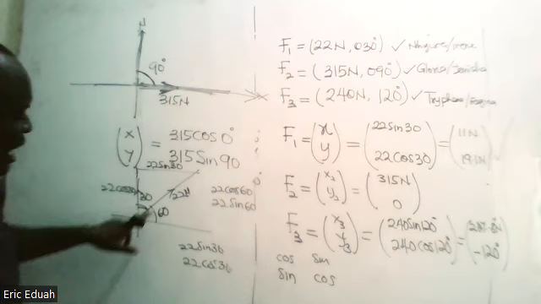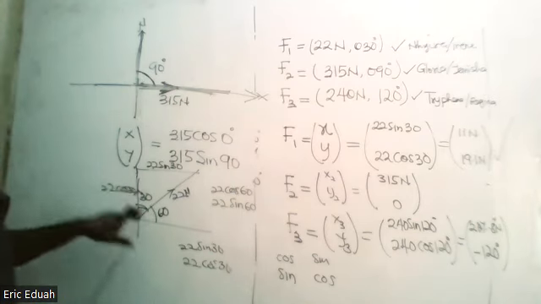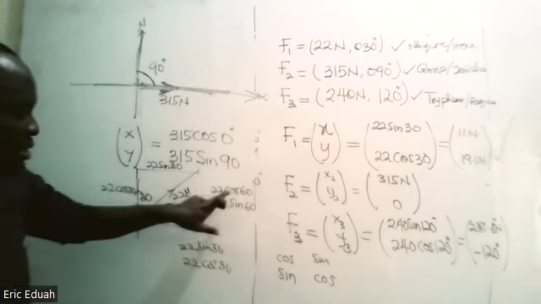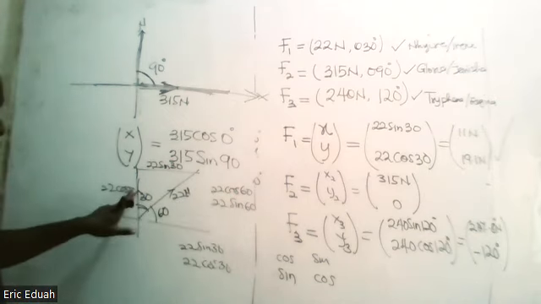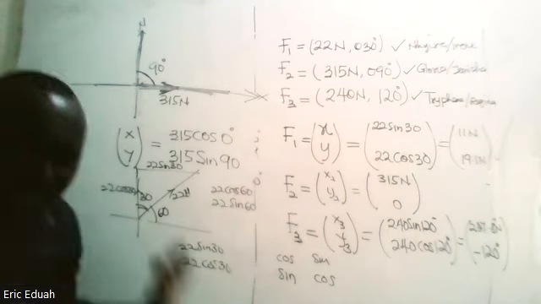So if you are using the angle the force makes with the x-axis, it is cos sine. If you are using the angle it makes with the y-axis, it is sine cos. Are you okay with that?